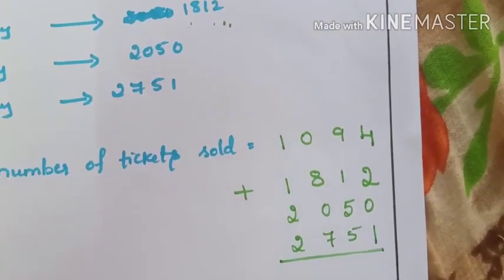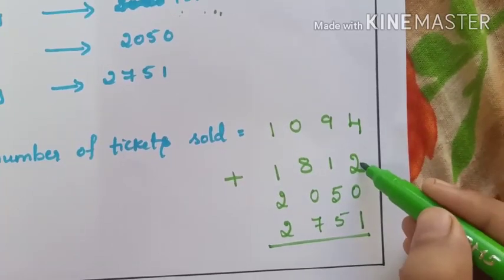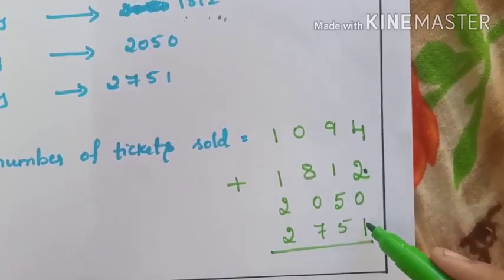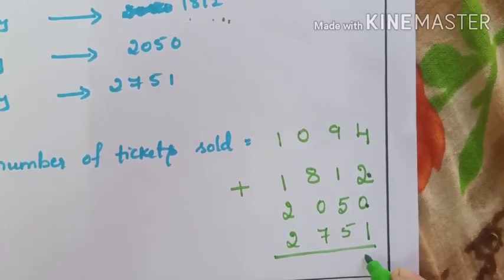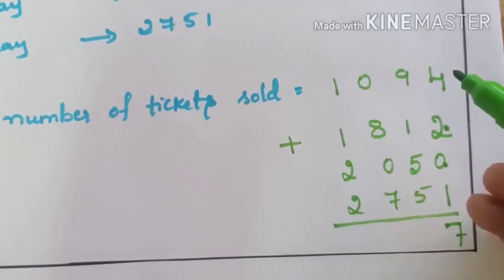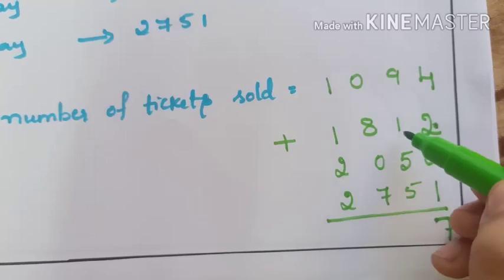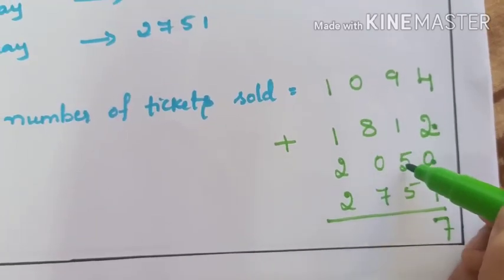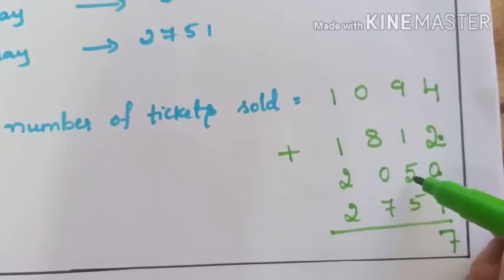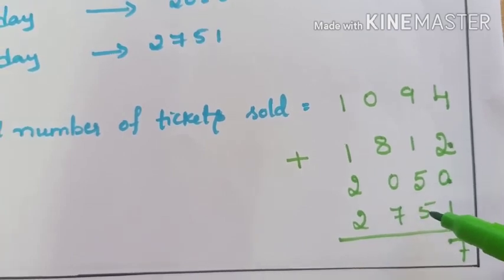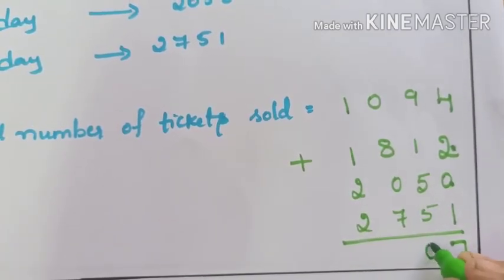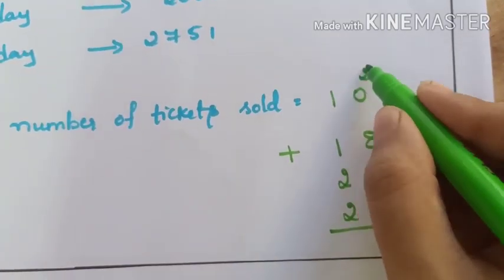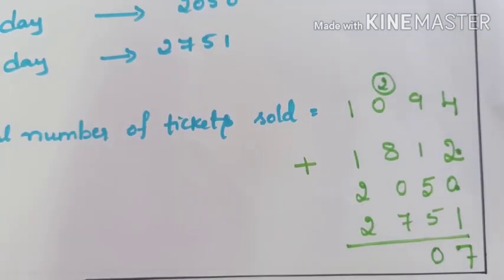Now do the addition. 4 plus 2 is 6, 6 plus 0 is again 6 and 6 plus 1 is 7. Then 9 plus 1 is 10, 10 plus 5 is 15, 15 plus 5 is 20. 0, carry 2 to the hundreds place.